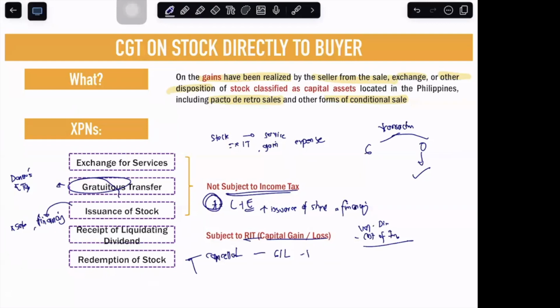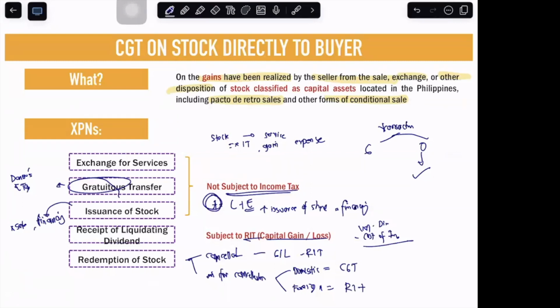It's still subject to RIT. But what if it is not for cancellation? If that is domestic, then it can be subject to CGT. But if foreign, then it is considered subject to RIT.